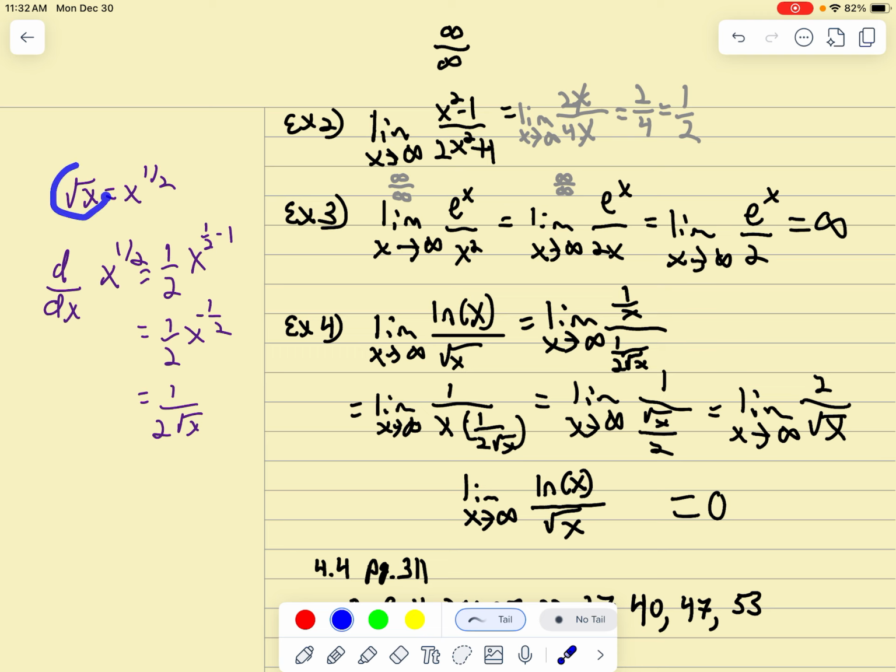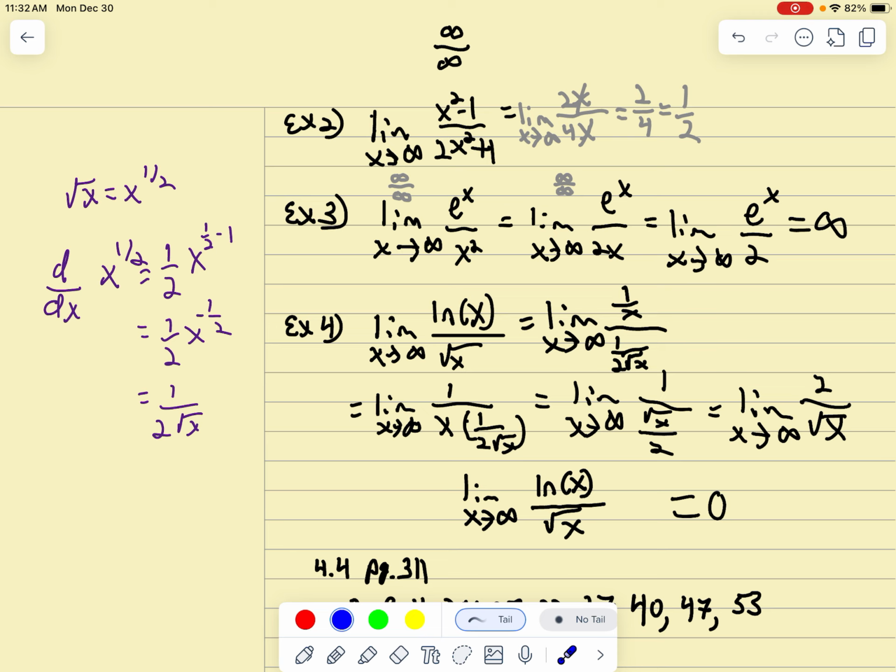I remember that square root of x is simply x to the 1/2 power. So using the power rule on that, you end up with 1/2 x to the 1/2 minus 1. 1/2 minus 1 is x to the negative 1/2. And x to the negative 1/2 means the x drops down and the 1/2 turns into the square root. So that's how we got this. The derivative of the square root of x is 1 over 2 square root of x.